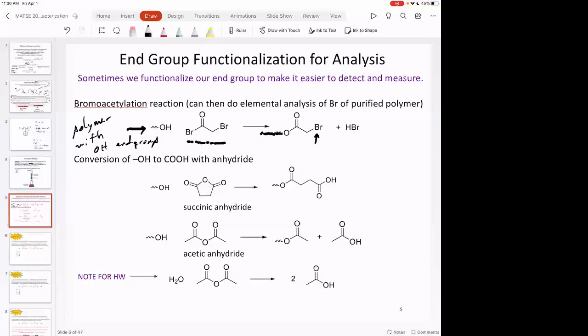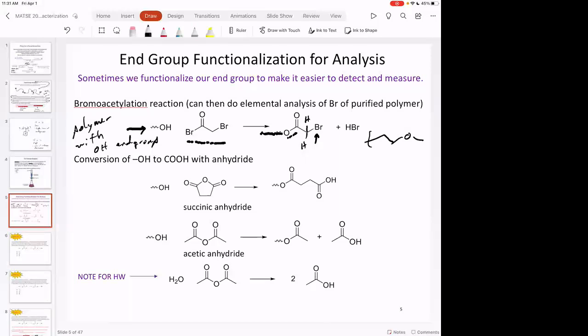And if we have bromine right next to these two hydrogens, that's much easier to see in NMR as well, especially since we have this ester right here. And so those hydrogens are going to stick out in the NMR analysis because they're very unique compared to something like polyethylene oxide.